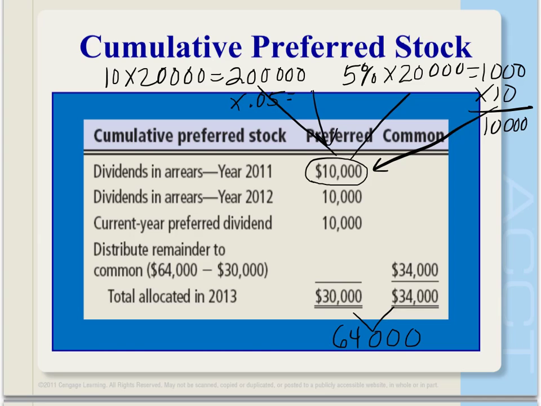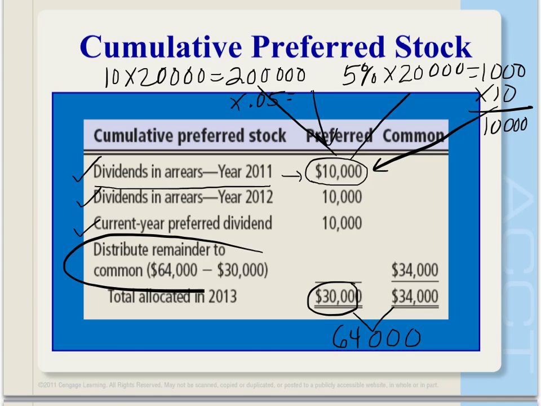So every year the cumulative preferred stock owners are guaranteed $10,000: for 2011, for 2012, and then the current dividend would be $10,000. So out of the $64,000, they would get $30,000, because we first must pay the first year of dividends in arrears, then the second, and then their current year dividend.